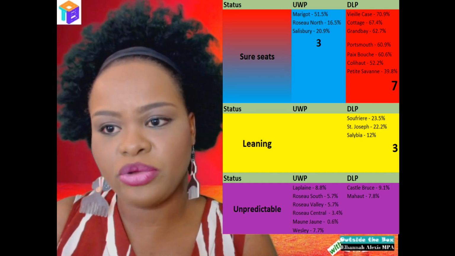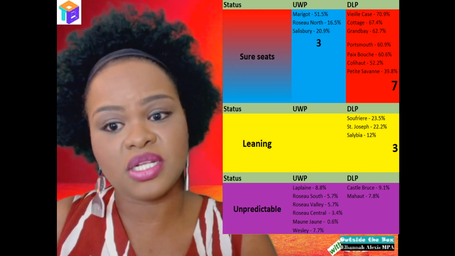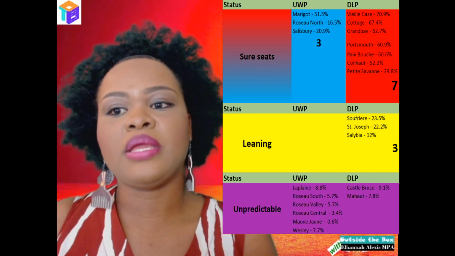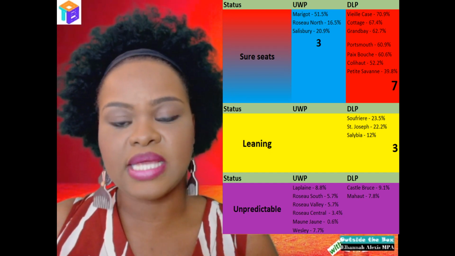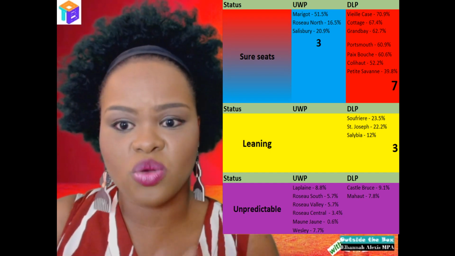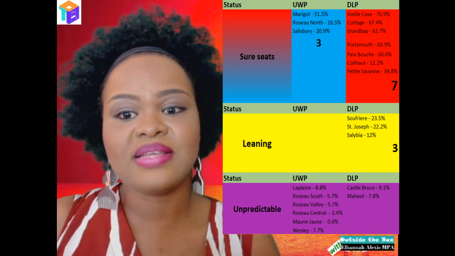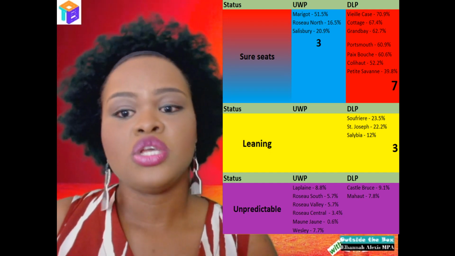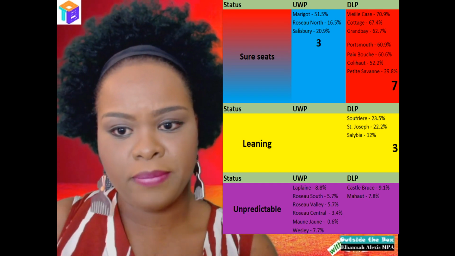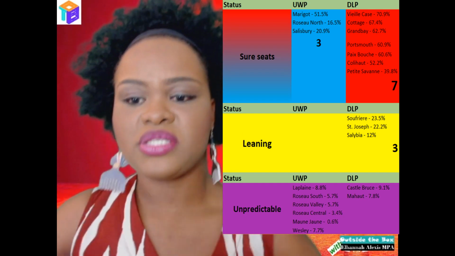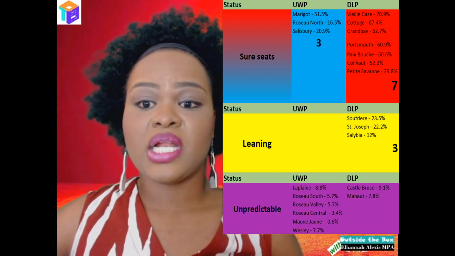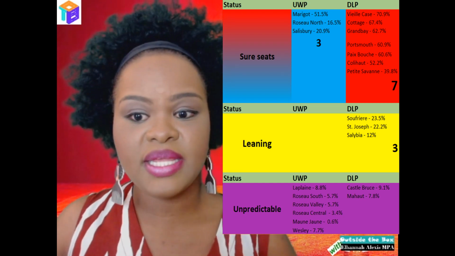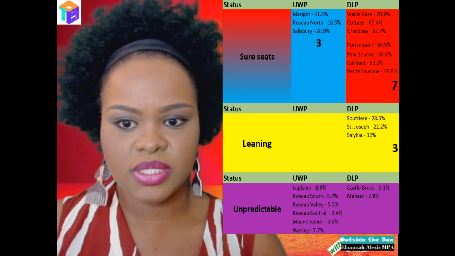Then in the Salisbury constituency, although it's not so high, based on what we know about the constituency and based on what we know has been going on, there's nothing that is going to change 20% of the Salisbury voters to now vote for the Dominica Labour Party. Based on the numbers over the years, the Dominica Labour Party has been making increases in the Salisbury constituency.